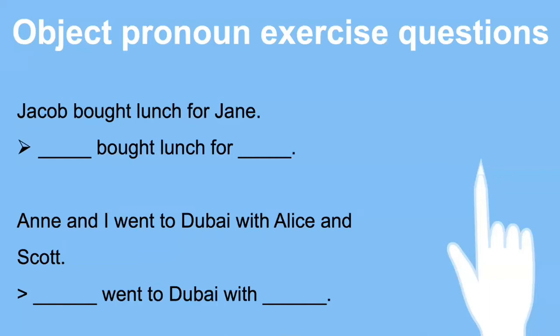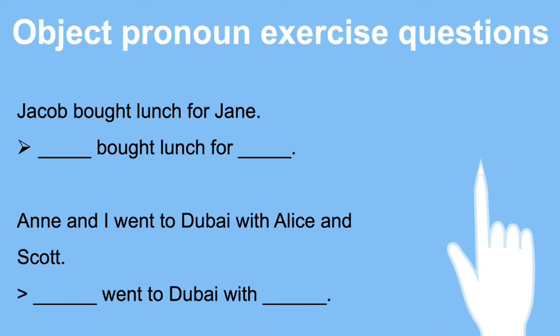Anne and I went to Dubai with Alice and Scott. She went to Dubai with her. No, with me. Well, yes, it's actually, they went to Dubai with them, because you have Anne and I, which are two people.